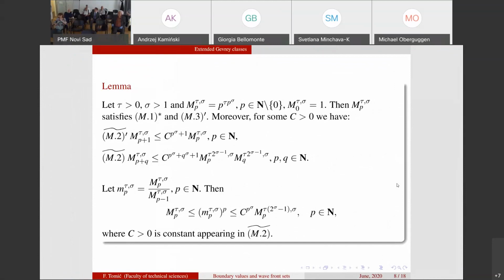This property M2 star here, which is somehow a generalization, in our settings, of regular M2, is the most important property of the sequences, and it is not fulfilled in our settings, but which improves this type of estimates, where we have these movements with respect to parameter tau.